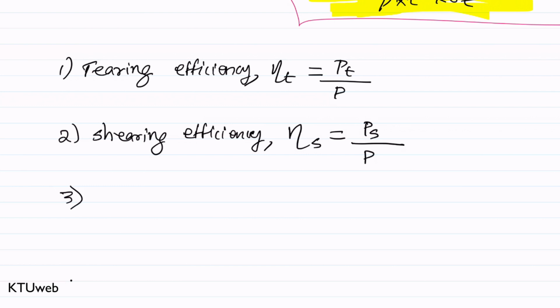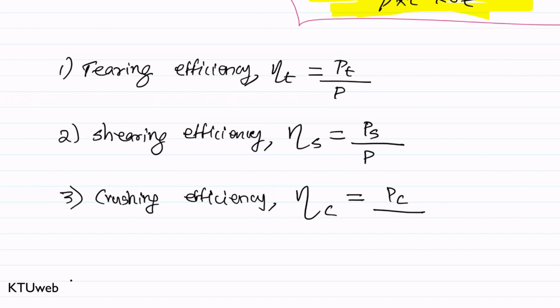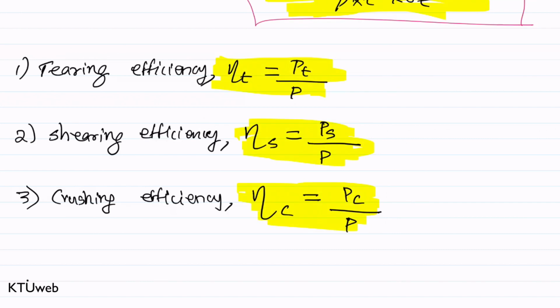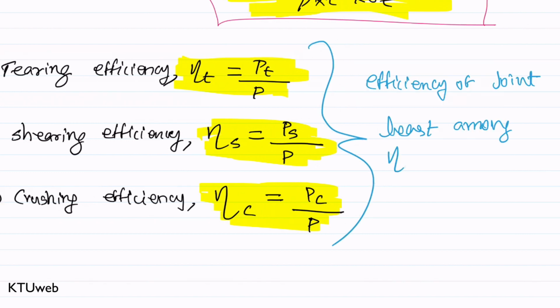The third one is crushing efficiency, eta C, that is crushing strength by the strength of solid plate. So the efficiency of the joint will be the least of these values: eta T, eta S, and eta C.